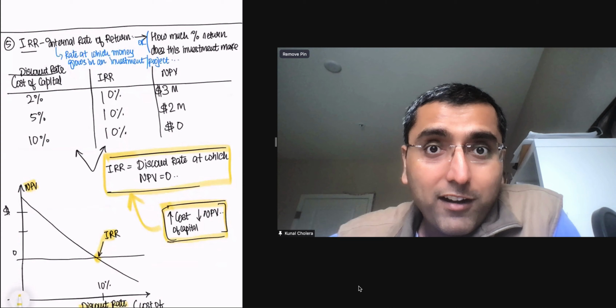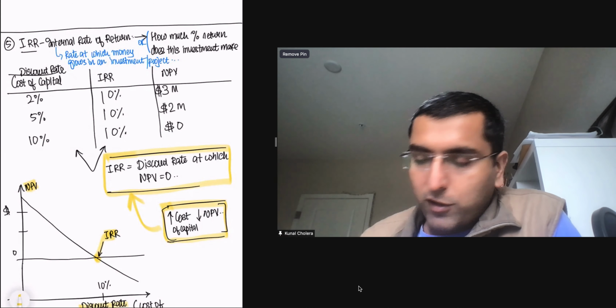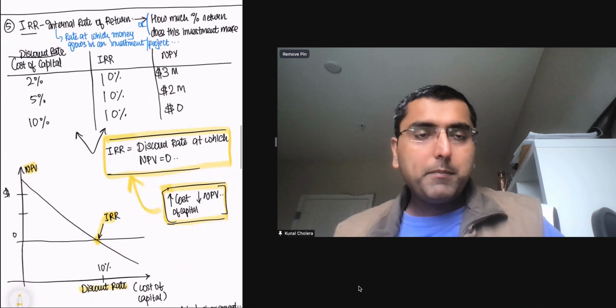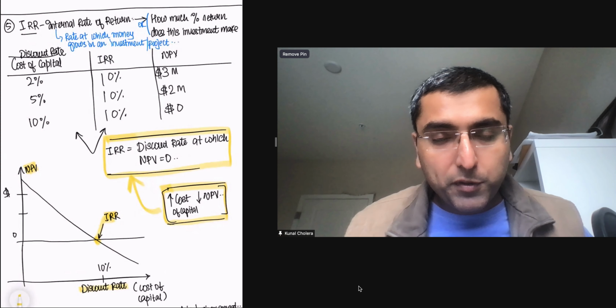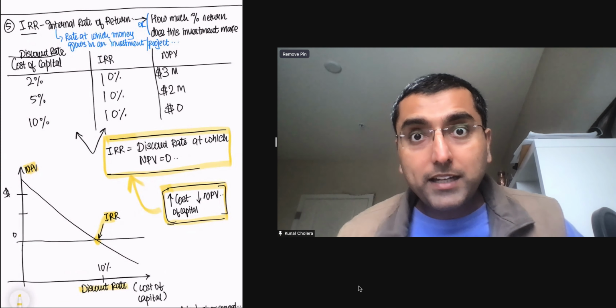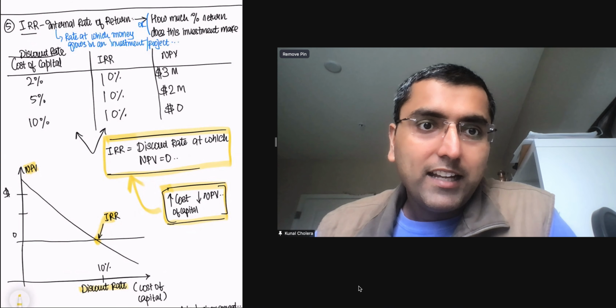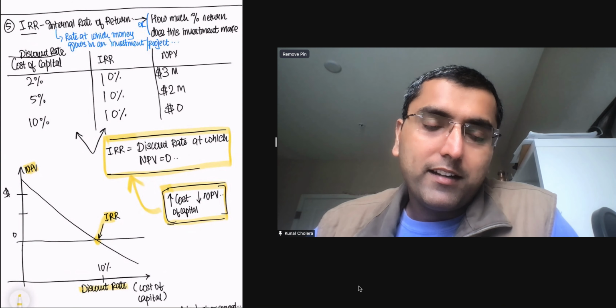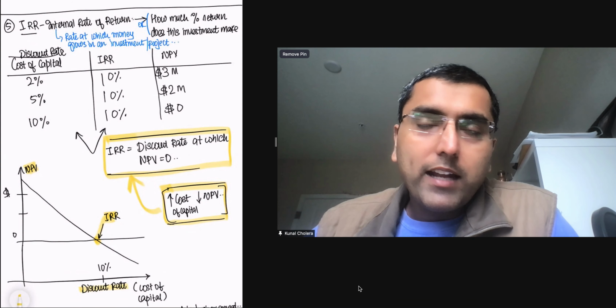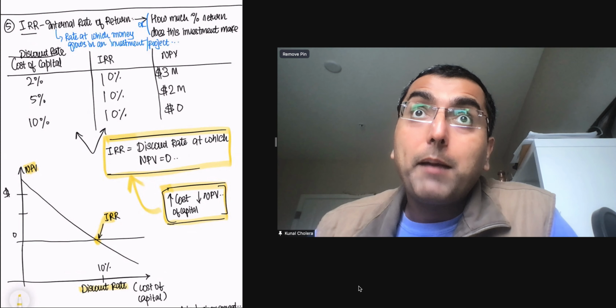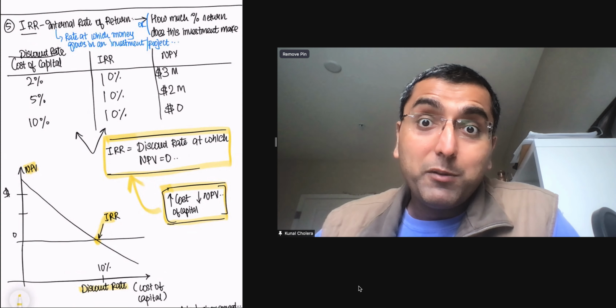Finally, IRR is also a really good metric. It's called internal rate of return, but it's basically the rate, the percentage, at which your money in an investment project grows. That's IRR, right? How much money does this investment make? We know that if the cost of capital increases, NPV decreases, right?